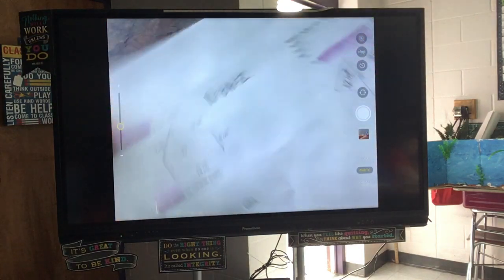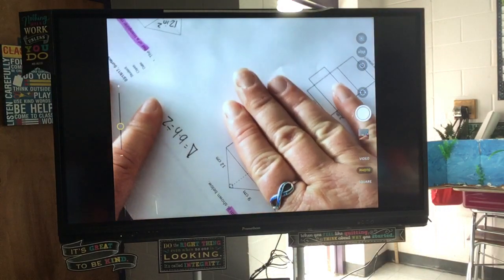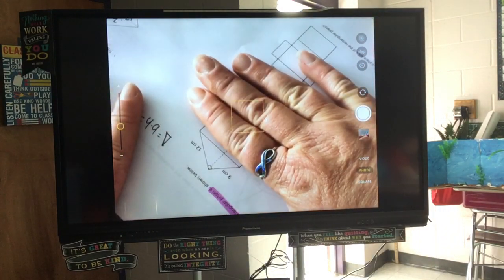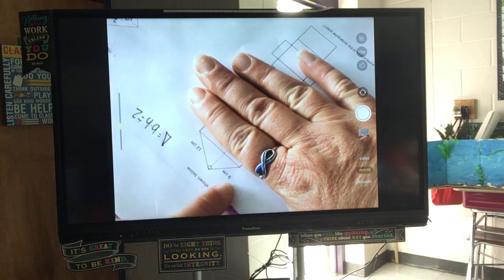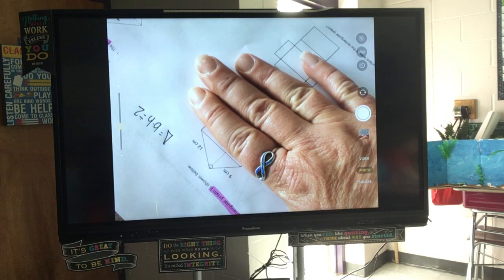So I'm going to turn my paper so that the only thing I'm looking at right now is this triangle. What do I know about this 9 and this 12? Carter? That's the height of the triangle.